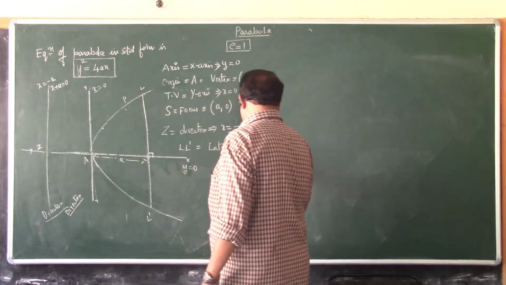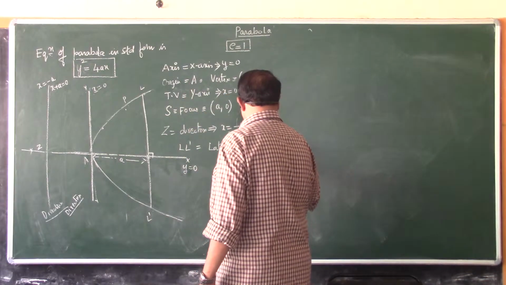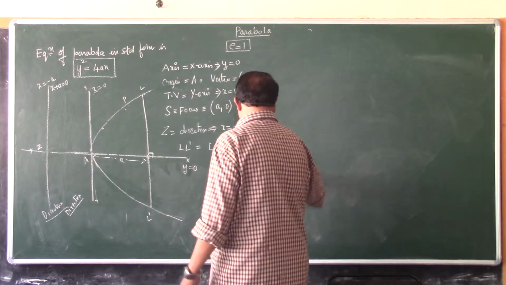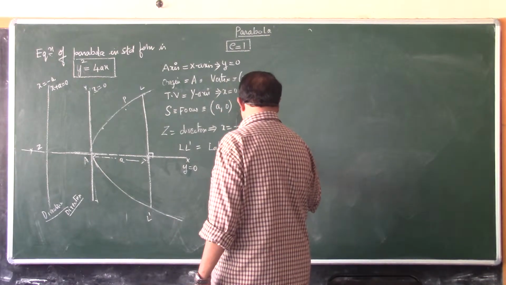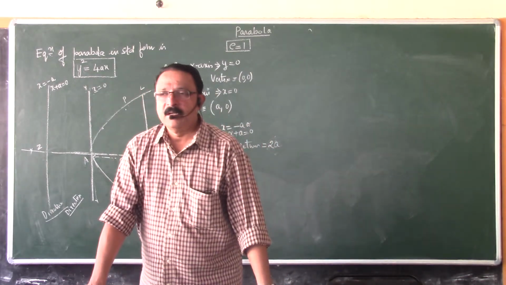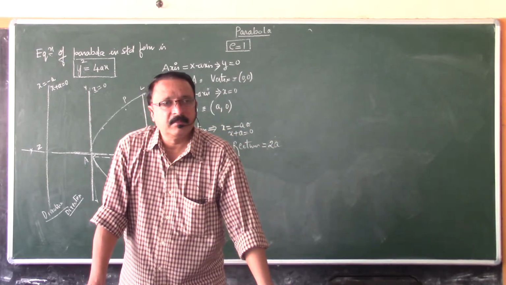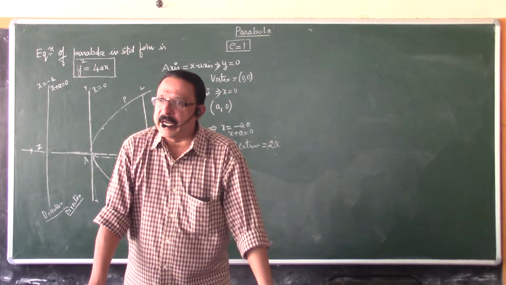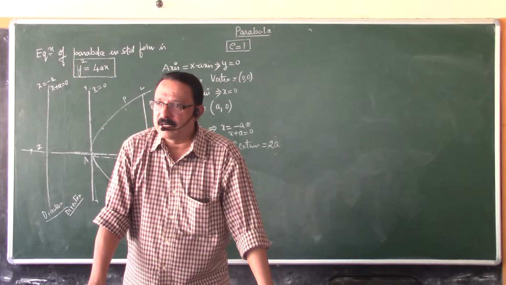And also note that for a parabola, the length of the latus rectum is, what is the length of the latus rectum? 2a or 4a? Do you remember?